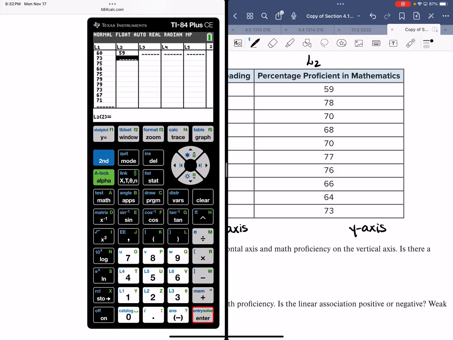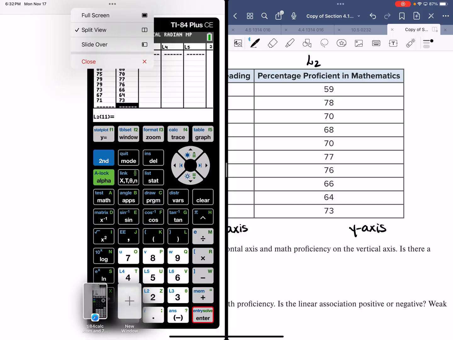And we want to see if there's a linear relationship between these, is what we're trying to produce. And so we're going to make our calculator do a scatter plot here. Okay, so I get those in L1 and L2.